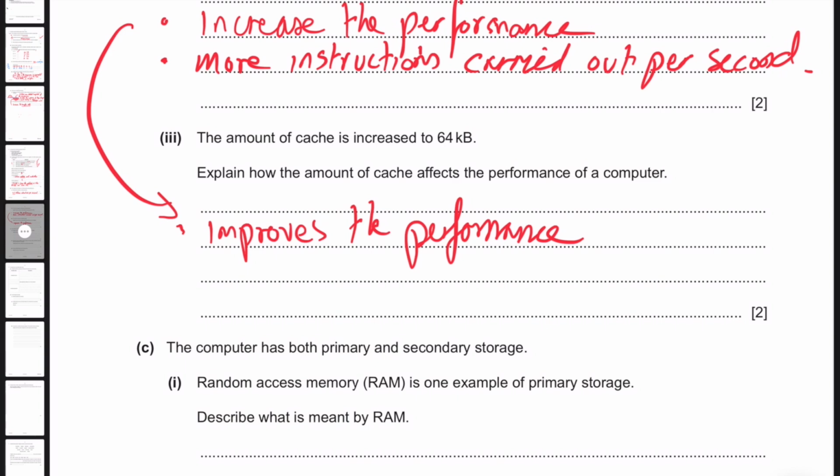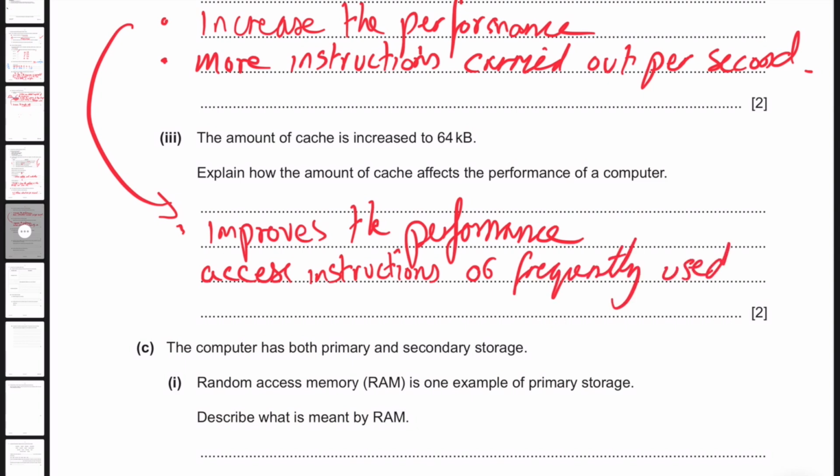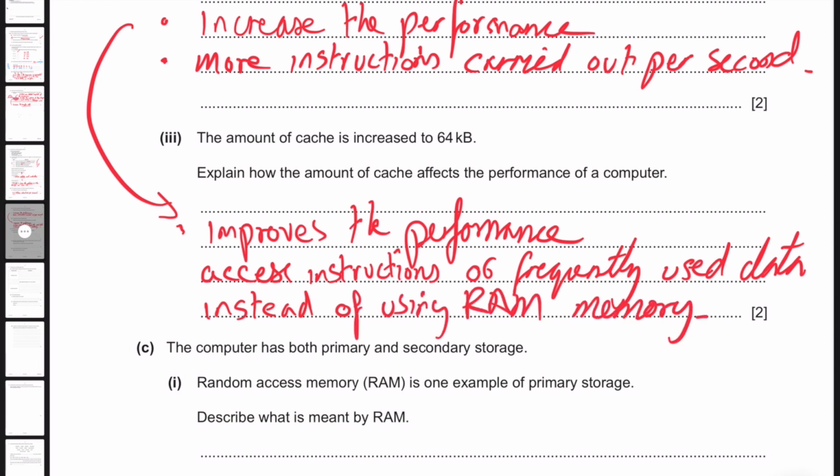So it should be access instructions or, I'm going to put this down, frequently used data instead of using RAM memory. Okay, so improves the performance, accesses instructions or frequently used data, quite important, instead of using RAM memory.